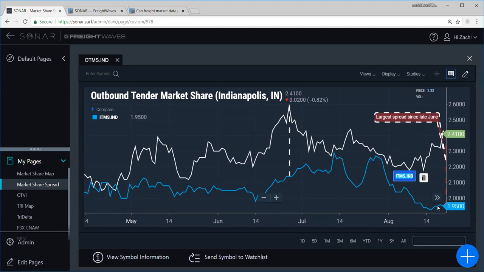And even in a situation like we're seeing right now, where volumes are contracting, there are still situations that you can go out there and take advantage of, or you can be the first to evaluate and know, hey, Indianapolis, they're having a lot more loads going out of the market than coming in. I need to watch that market closely.